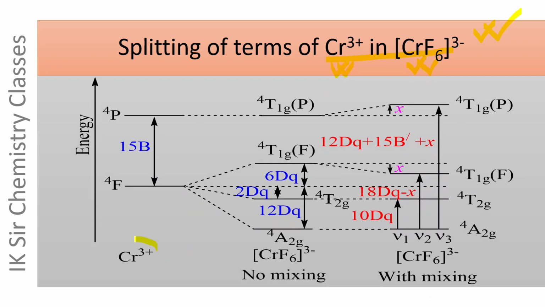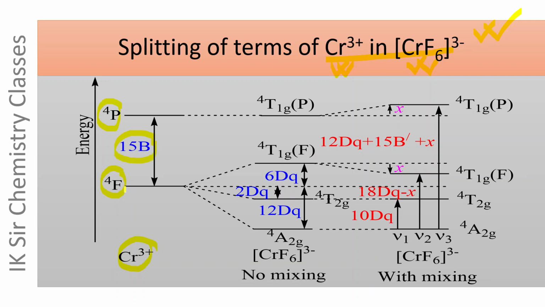For the Cr3+ ion in the free state, quartet F is the ground state and quartet P is the excited state, and these two spectroscopic states have the same spin multiplicity, and hence the energy difference between them will be equal to 15B.